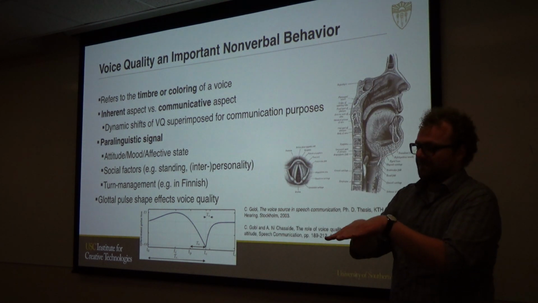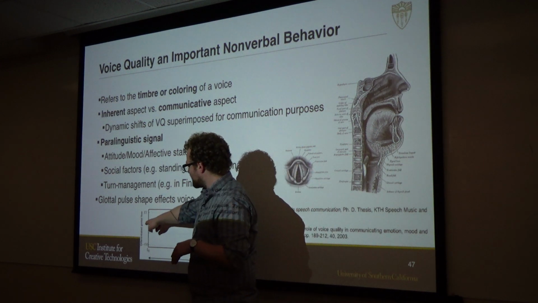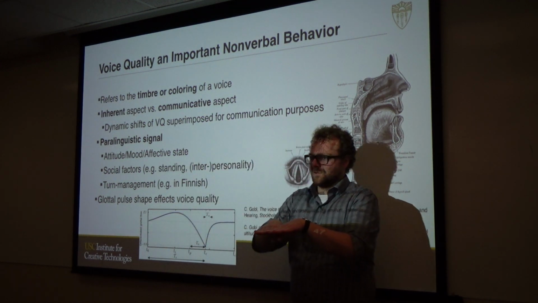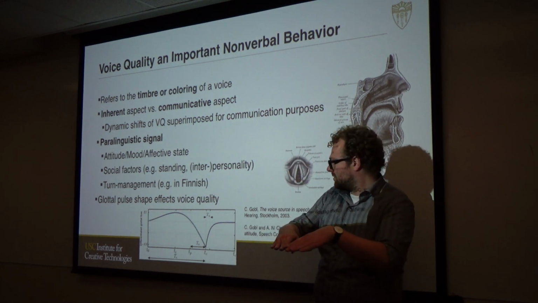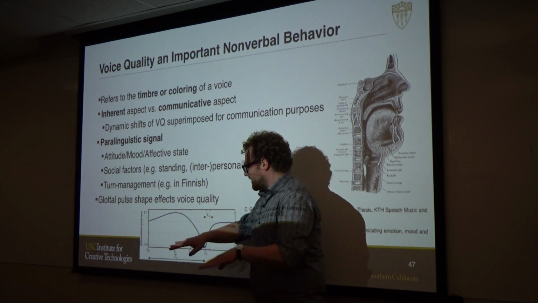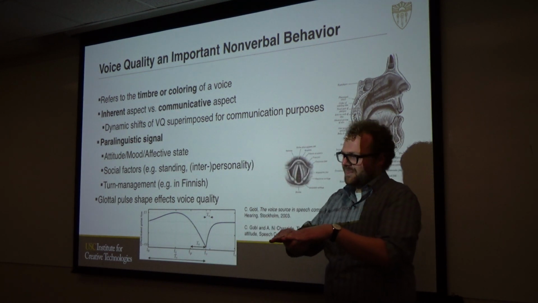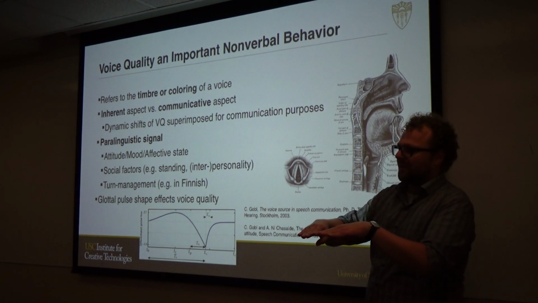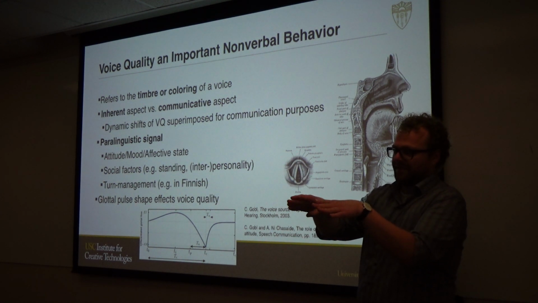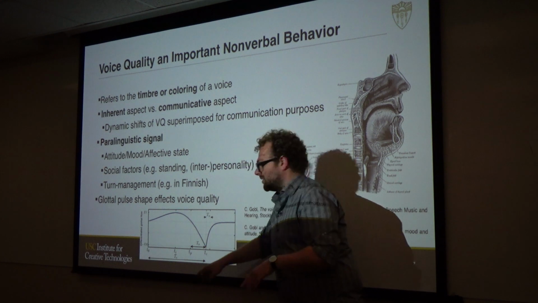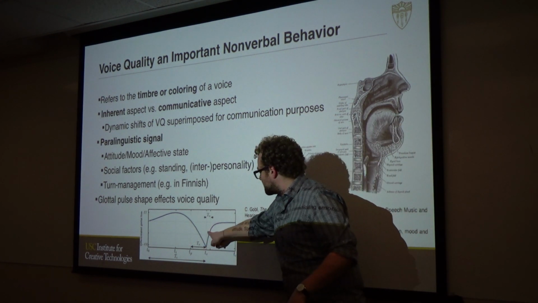In this case, we start here, so the vocal folds are closed. Now we're opening the vocal folds, and then they close again, but they're not a machine, so they close imperfectly. They close too hard, they hit, which is this part here, and then they relax and go into this state here.